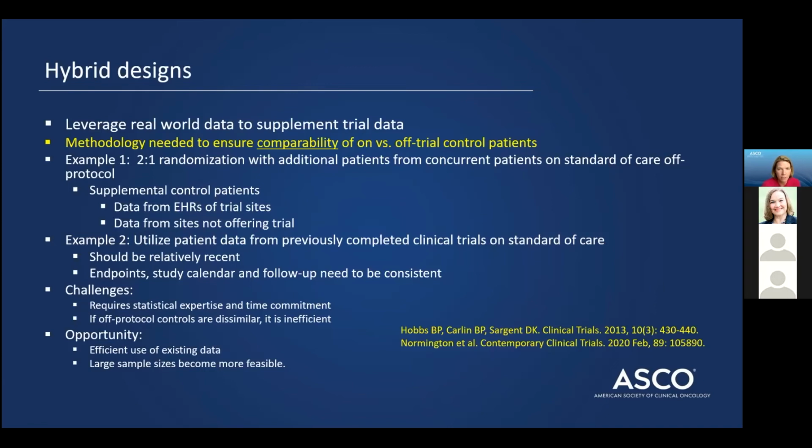I've listed a couple examples here where people have come up with some different hybrid designs to try to supplement control groups in clinical trials by using real world data. It can be concurrently collected data, or it could be historically collected data, the latter being more of a concern for potential bias.